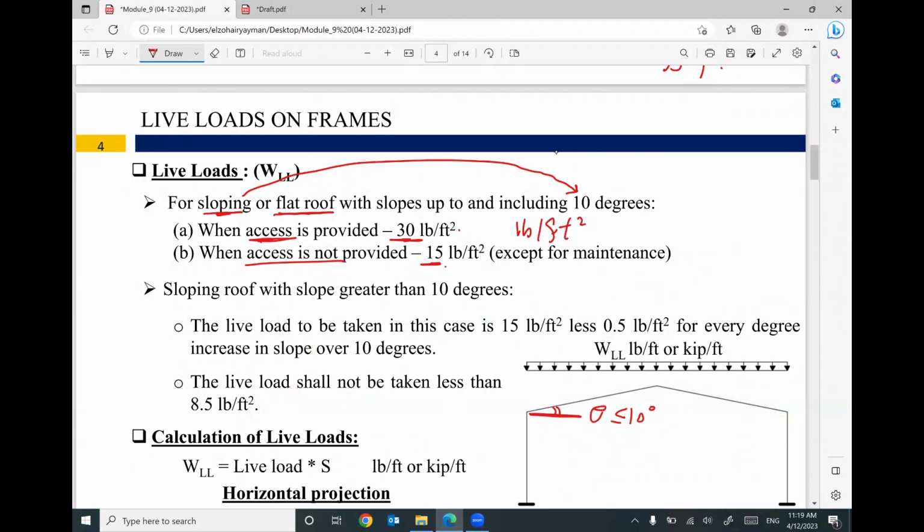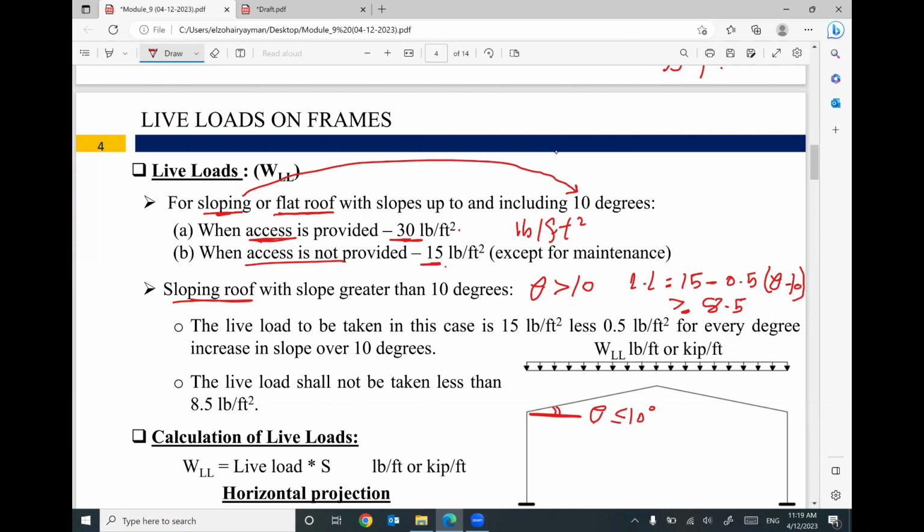If you have a sloping roof and the angle is greater than 10, your live load will equal this equation: 15 minus 0.5 times (theta minus 10). And this value must be greater than or equal 8.5.